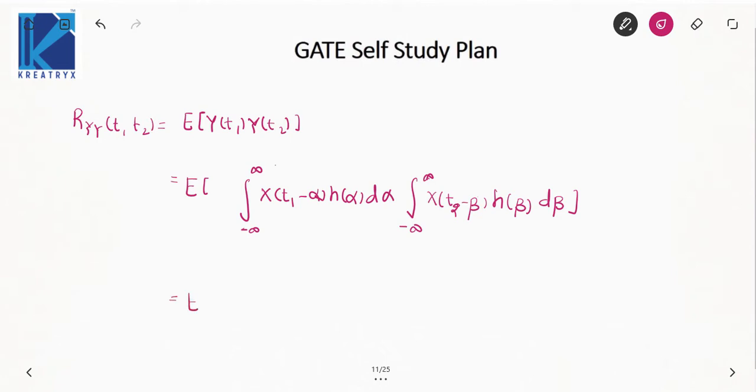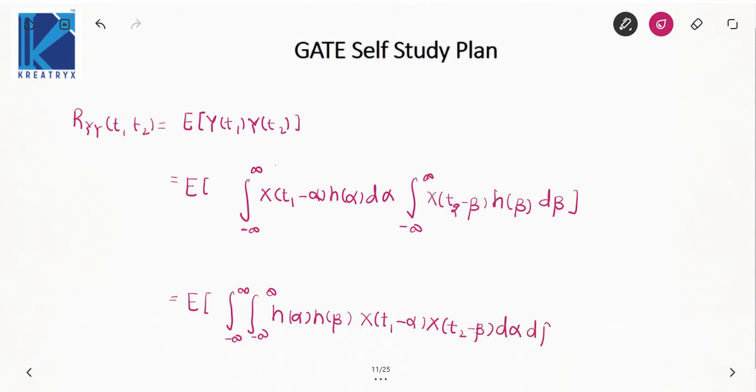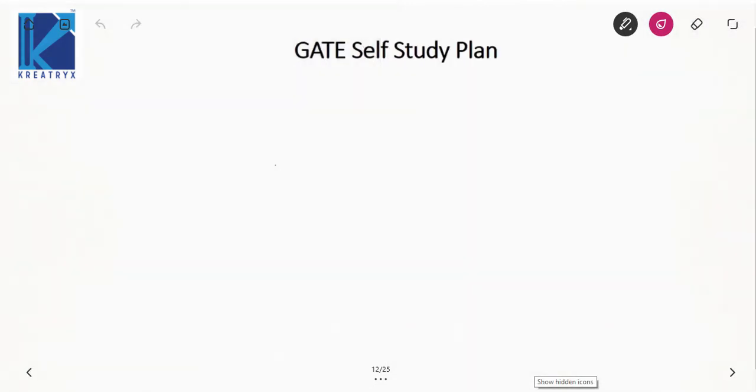So we can further rearrange it. We are writing the integrations side by side, and it becomes h alpha into h beta x of t1 minus alpha x of t2 minus beta d alpha d beta. We know that h alpha and h beta are deterministic, so the expectation operator will be taken only on the random process, which is x.